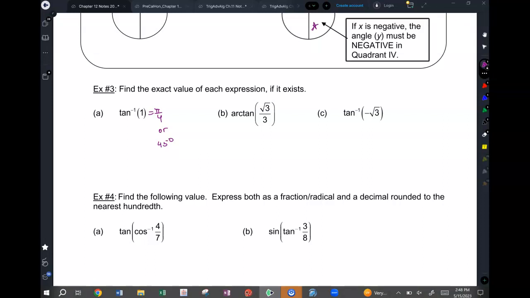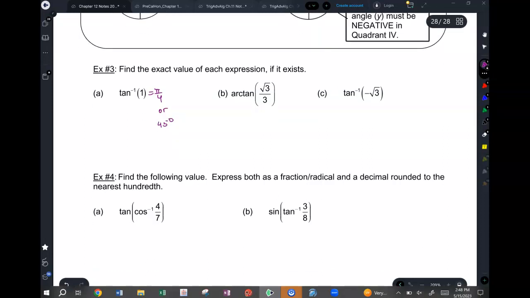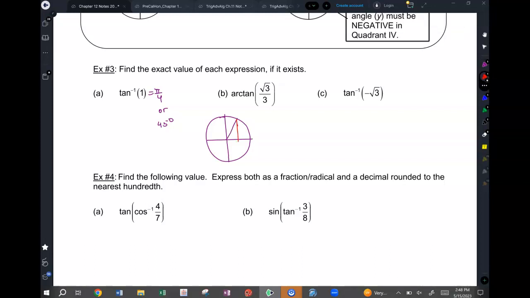Okay, so for what angle is tangent √3/3? Maybe we need to think about it. It's positive, so it's got to be in the first quadrant, right? If I take the 60 degree, this is √3/2 and 1/2. So if I do opposite over adjacent, do I get √3/3 or do I just get √3? You just get √3.